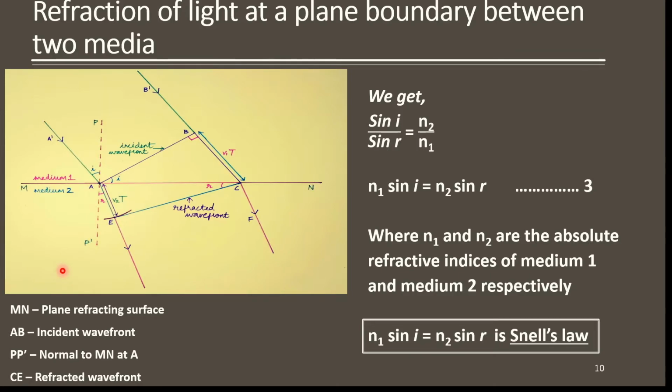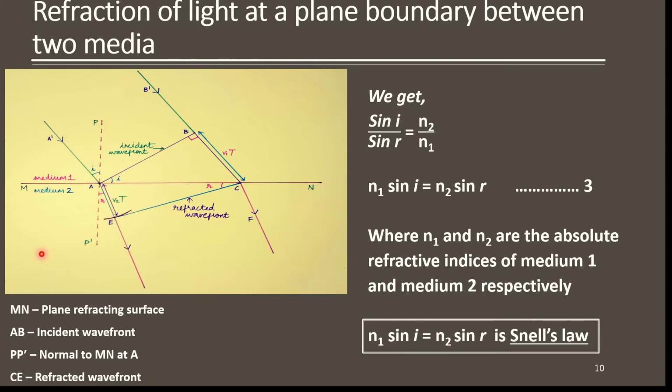But if it travels from optically denser medium to optically rarer medium, it bends away from the normal. From the figure, it can be seen that the rays change their direction on crossing the boundary surface and the image seems to be broken or bent.